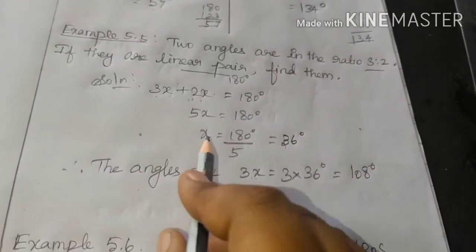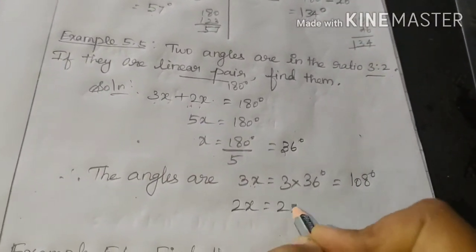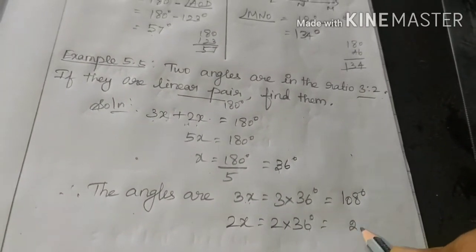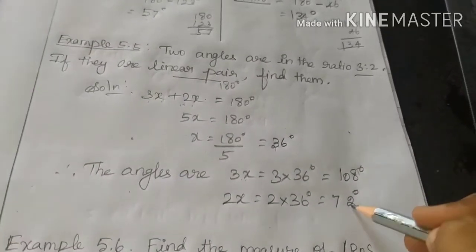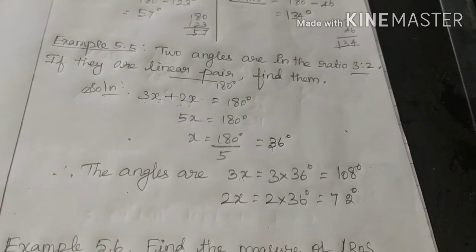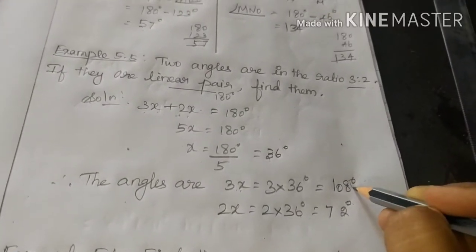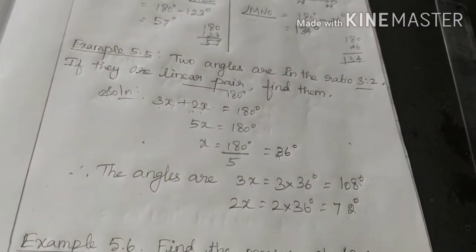Now this is for 2x. 2x equal to 2 into the same 36 degree. 6 2s are 12, carry 1, 3 2s are 6, 72 degree. If I add these 2 angles I will get 180 degree as the answer. Is it right? Now the two angles are 108 degree and 72 degree. Have you clear, children?